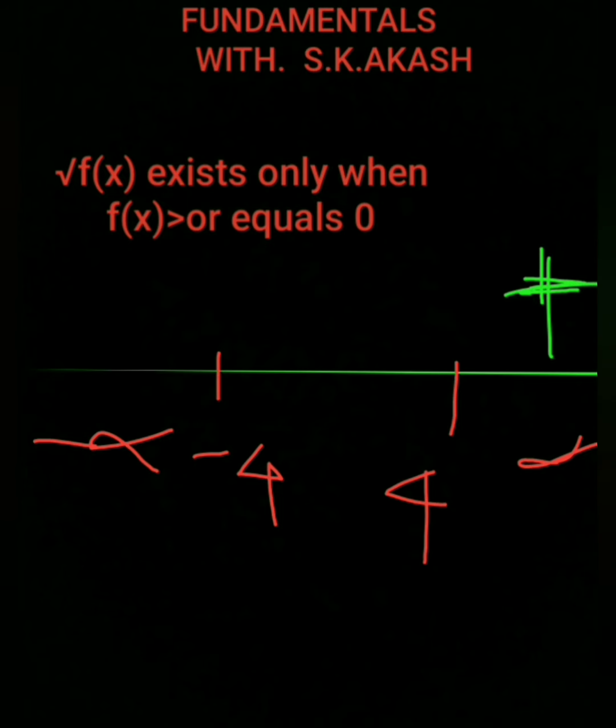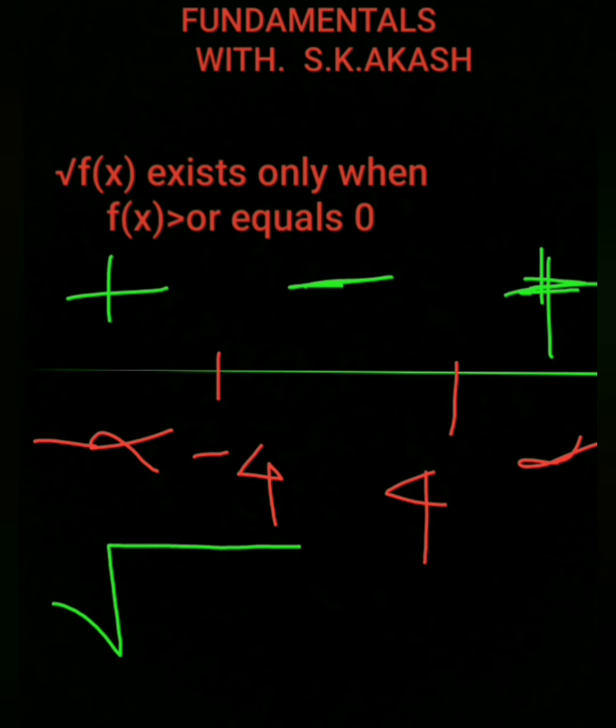Between minus 4 and 4 you will get negative values, because minus into plus is minus, so we put a minus sign. Between minus infinity and minus 4 you get positive values, because minus into minus is plus.